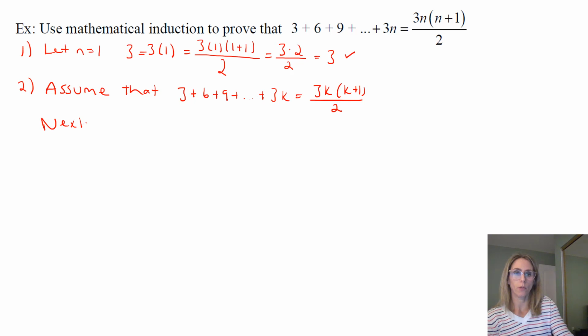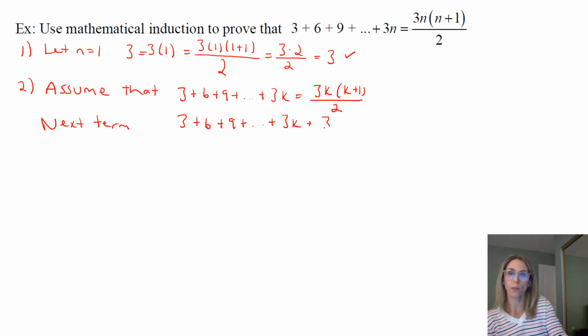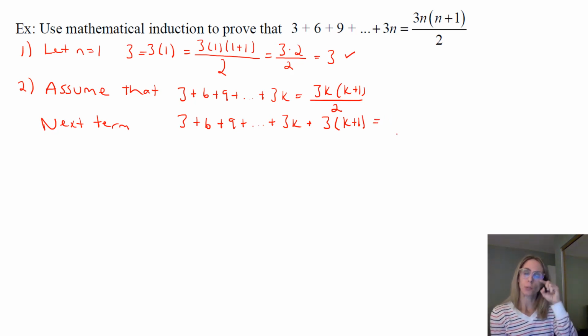just trying to be thorough here. So next term is going to be 3 plus 6 plus 9 plus the 3k plus the next term, which will be 3 times k plus 1. Notice that I got a little parentheses there. So it's not just 3k plus 1. 3k plus 1 would not necessarily be a multiple of 3 at all.